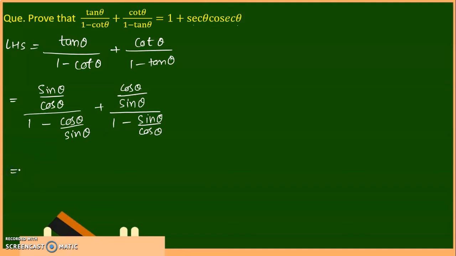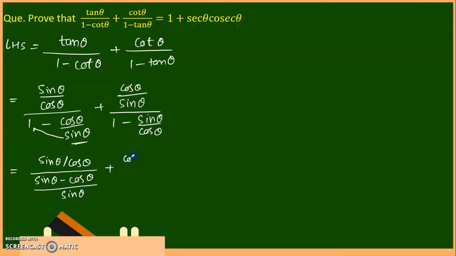So if you simplify this, in the denominator, if you take the LCM, this sine theta will multiply with 1. So here we will get numerator as it is, sine theta divided by cos theta, and in the denominator we will get sine theta minus cos theta divided with sine theta.